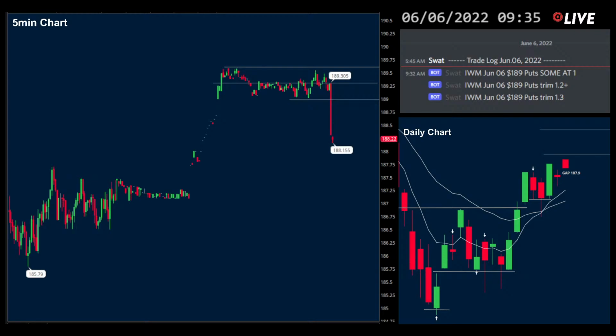IWM, some more fading. Here we go, IWM. New lows on the day, filling the gap. Come on, guys. Some more fading, IWM, filling the gap.